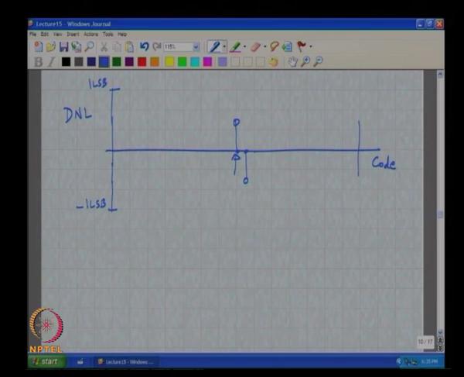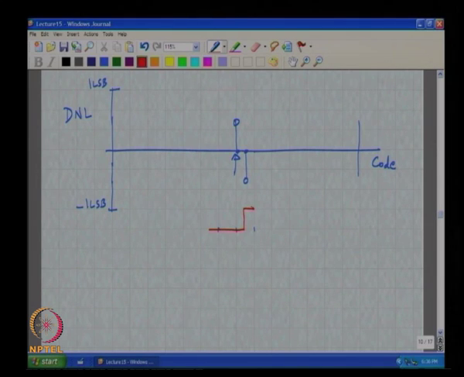Let us say each square here represents the ideal size of the LSB. What this is telling you is that around mid code the step here is much larger than 1 LSB, and the next step is much smaller than 1 LSB.